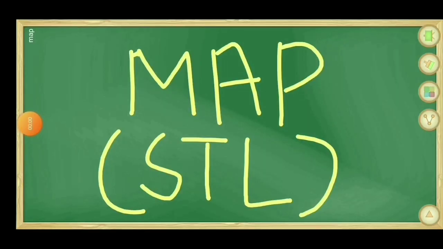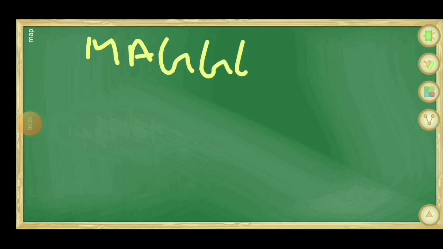Hi everyone. In this lecture we will discuss a very important STL container called map, and I will explain it with the help of an example. Suppose you go to your college canteen and ask the owner what the price of Maggie is. He says 20 rupees.